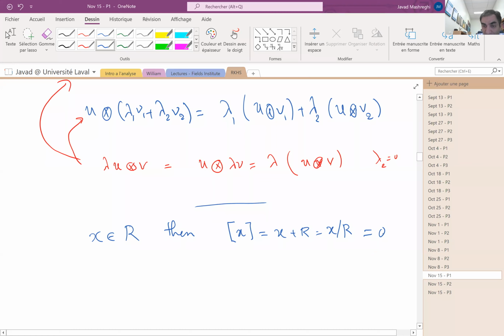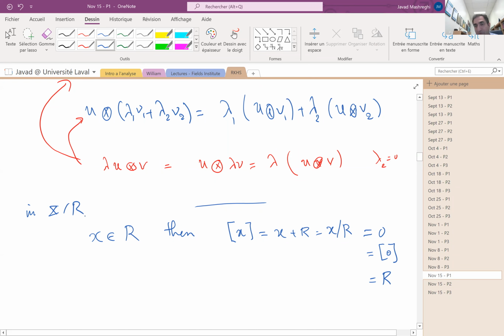Or if you want to be very careful, the coset created by 0, which is the same as R. I write sometimes 0, sometimes R, but it's the same thing in the quotient space X mod R.